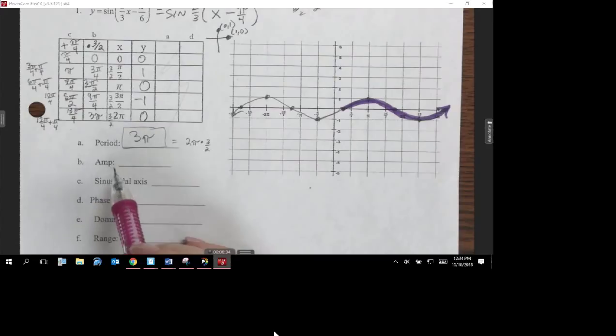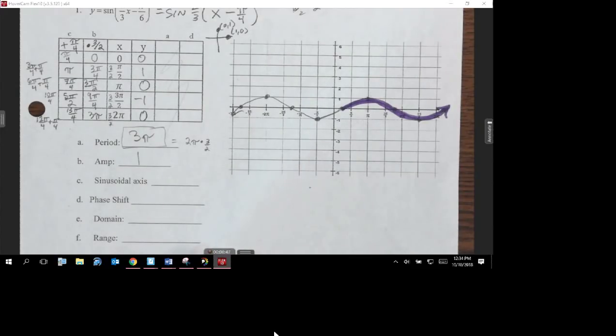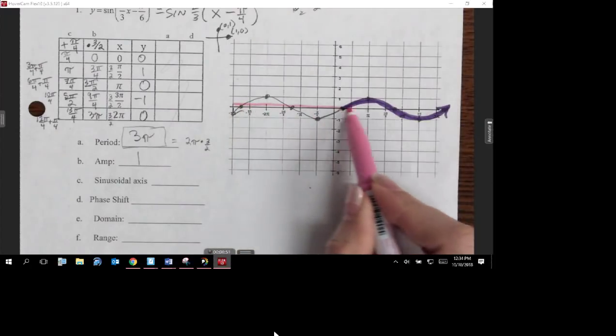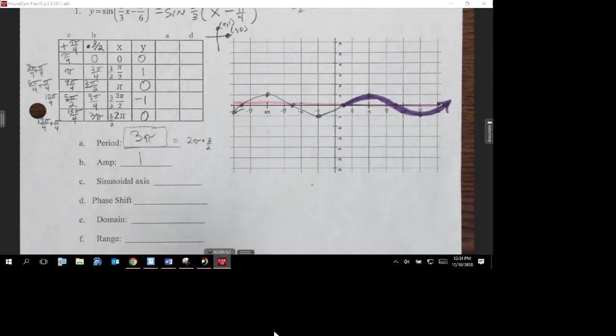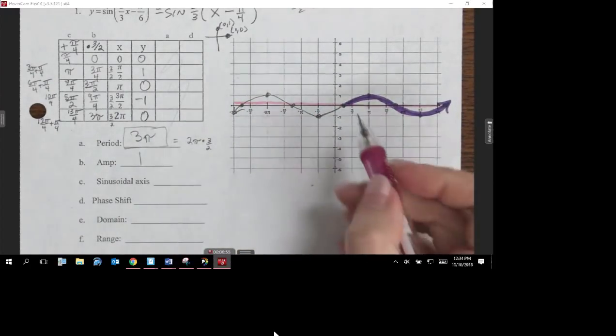The amplitude is the same as the vertical stretch or shrink. Did we have a vertical stretch or shrink? No. So then what is it? It's 1. The sinusoidal axis is that line right in the middle of the graph. It's a horizontal line. It's called the midline. If I look here, it's always y equals 0 here.